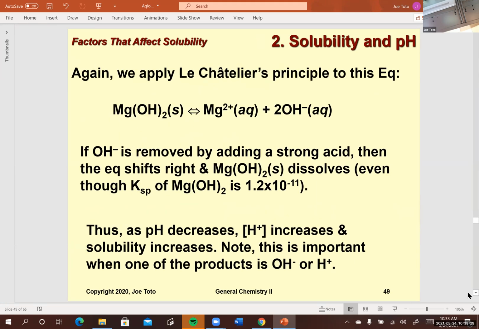We talked about how pH can affect the solubility. Here we have an insoluble salt. You can imagine the ice table. And now we're going to have something going on here with this hydroxide.